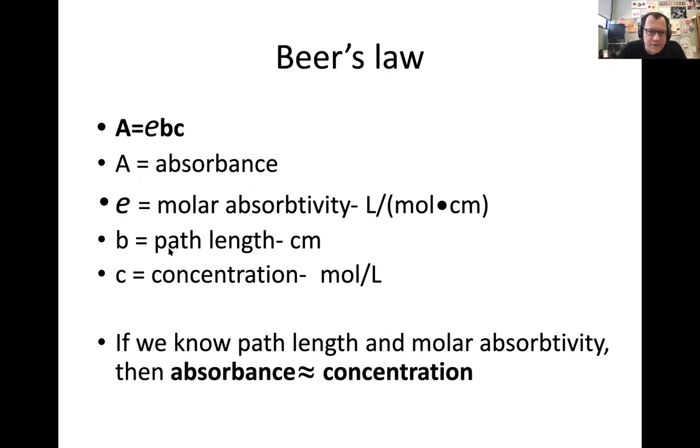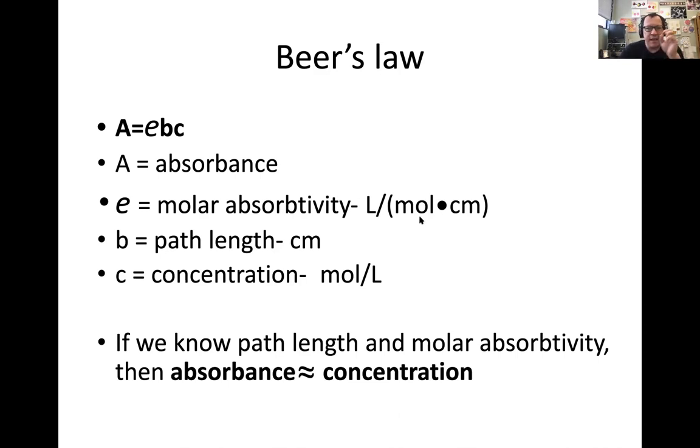Skip down to B here for a second. B is the path length in centimeters, so how far the light has to pass through the sample. And then C is the concentration of that substance. And whatever substance we're talking about has this thing called the big weird E, the molar absorptivity.